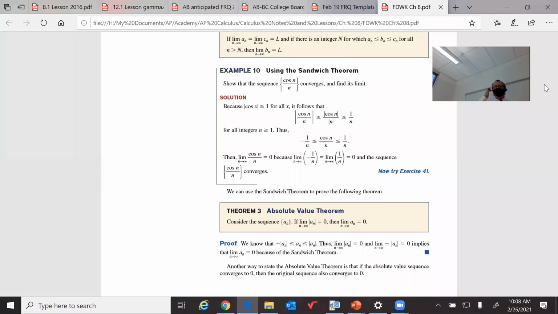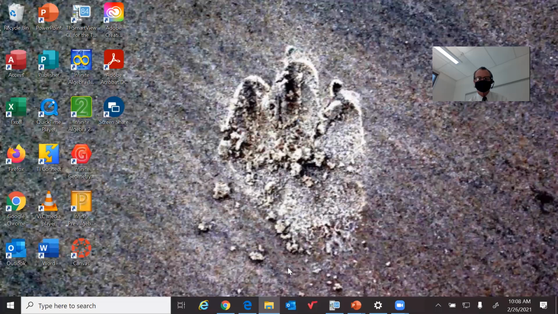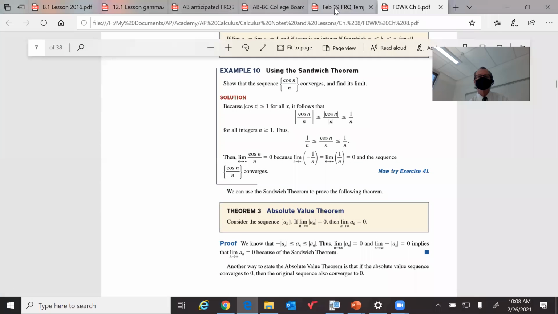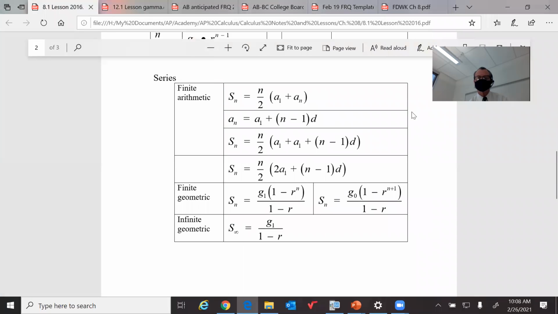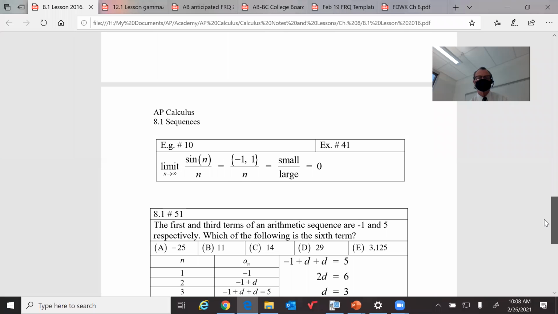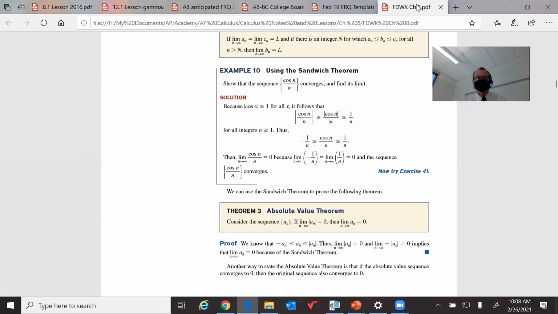Converges, meaning if a sequence converges, the terms are getting smaller, it's going to 0. Cosine n divided by n.